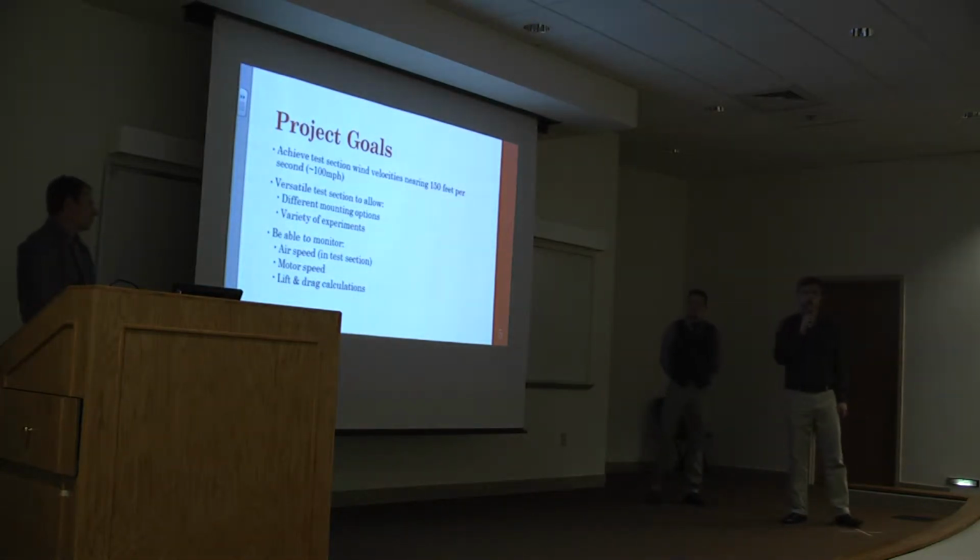So for our project goals, our goal was to reach a speed of 150 feet per second or 100 miles per hour. Have a versatile test section to allow different mounting options and a variety of experiments, and be able to monitor the airspeed, motor speed, and lift and drag calculations.